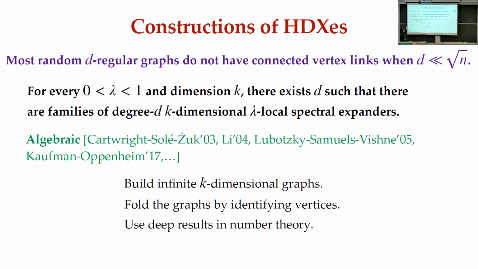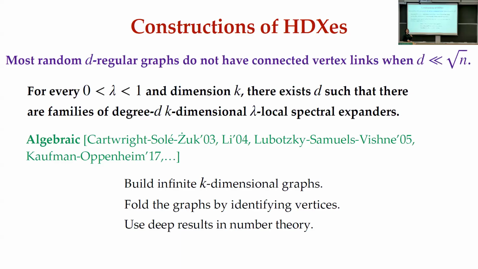These constructions give us bounded degree, arbitrarily good local spectral expanders. So it can achieve a degree that depends only on the dimension of the high-dimensional expander and the lambda, but doesn't depend on the number of vertices in the graph. So it's pretty good. That's the summary so far.